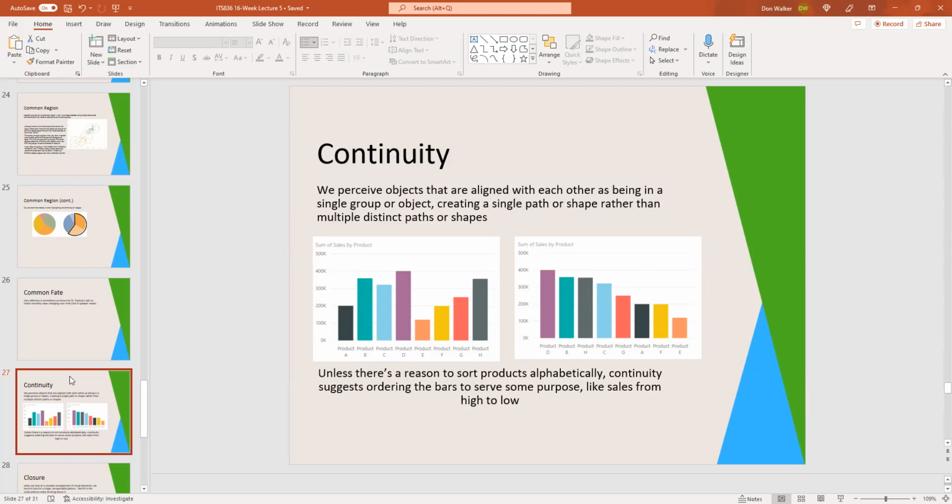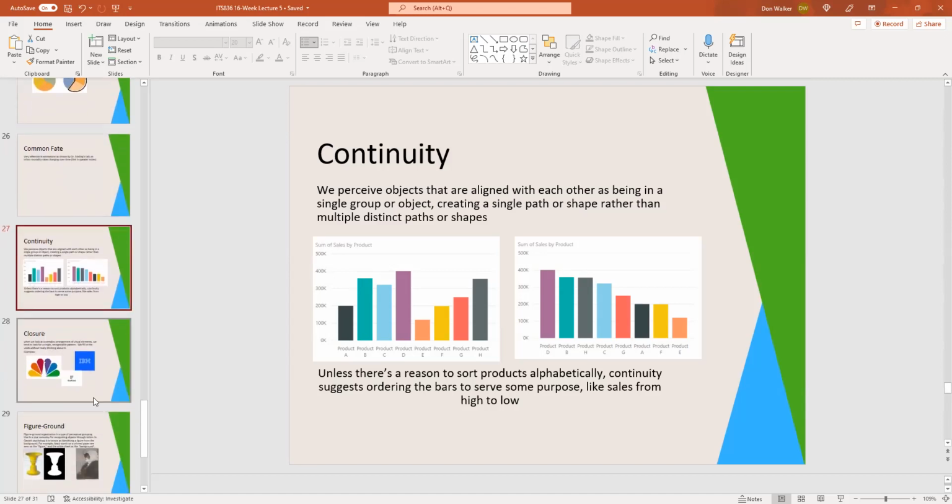But if we sort them by sales of the product, then you start to see that we sell more of product D than a little bit less of product B, and it makes more sense because of the Gestalt principle of continuity.